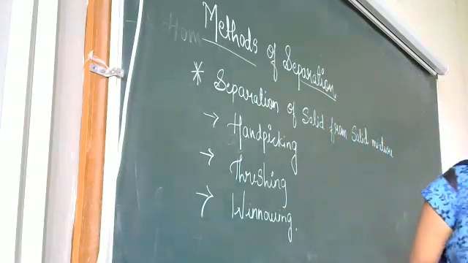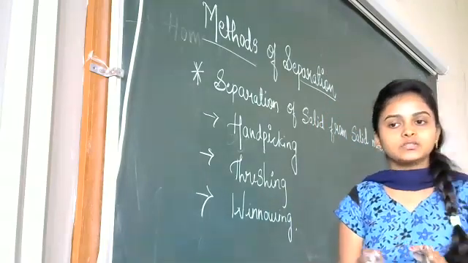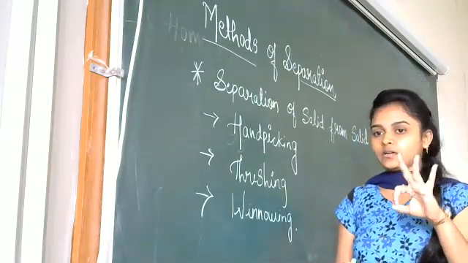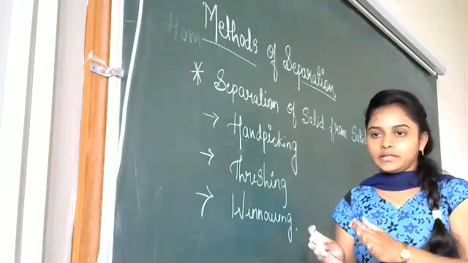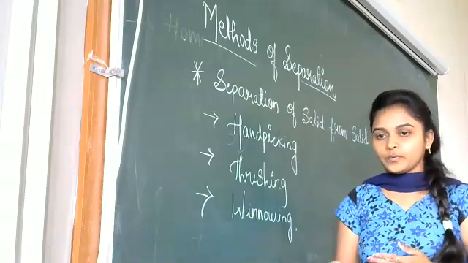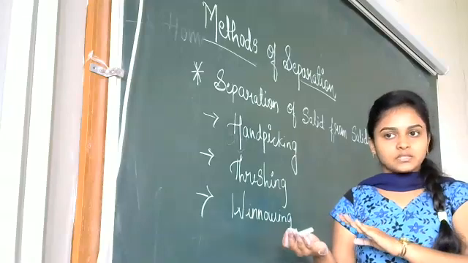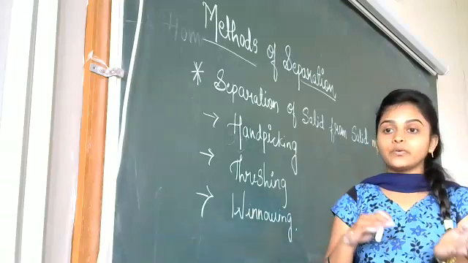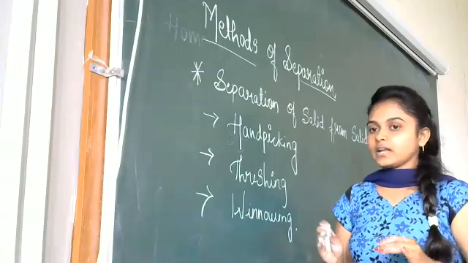Okay, let me tell you once again that in methods of separation we have three types. First one is the mixture which is solid, from which we will be separating solid components. Next one is solid from liquid mixture. Third one is liquid from liquid mixture. So don't get confused about this. We will study in detail.